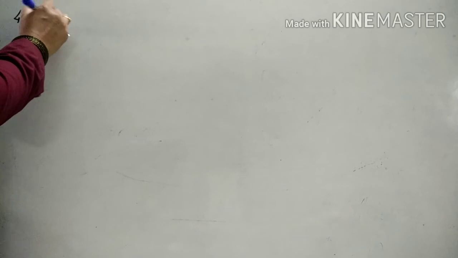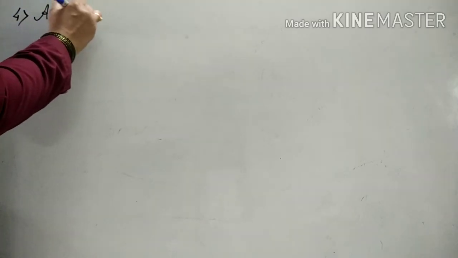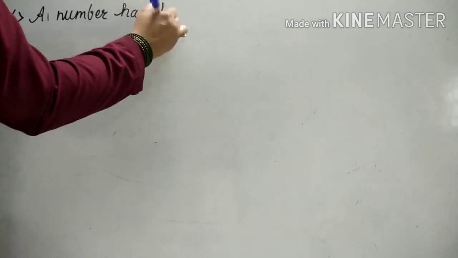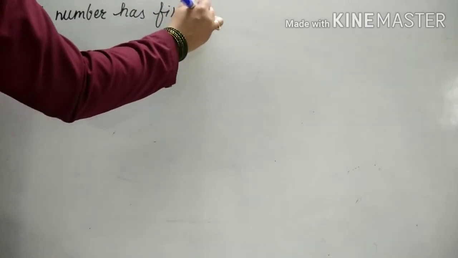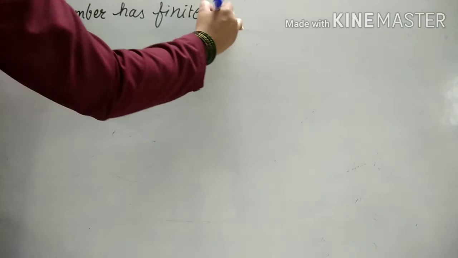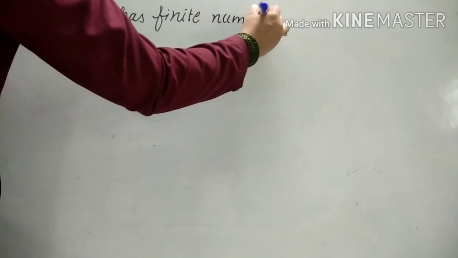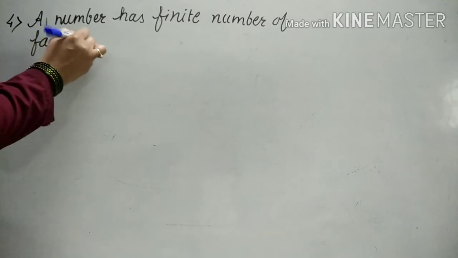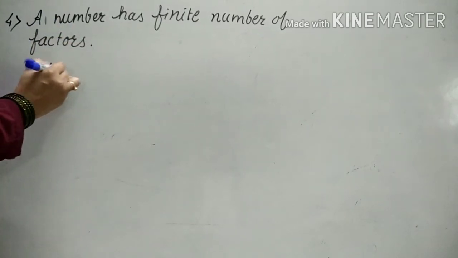Let us see now the fourth property of the factors. A number has a finite number of factors. See how we have written the factors of 40.